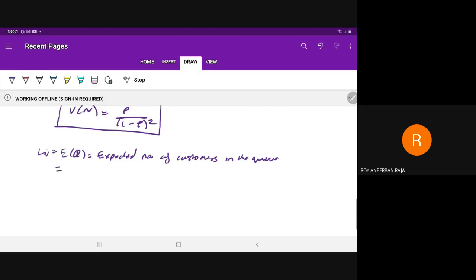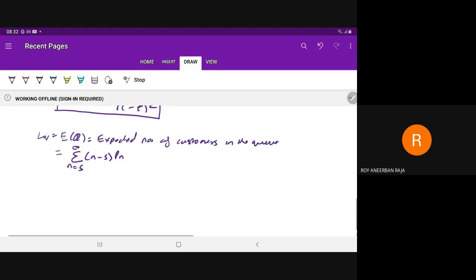What can be the basic formula? Anyone please tell? Expected number of the customer in the queue, (n minus s) into pn. So it is the summation. General formula is (n minus s) into pn, n varying from s to infinity.